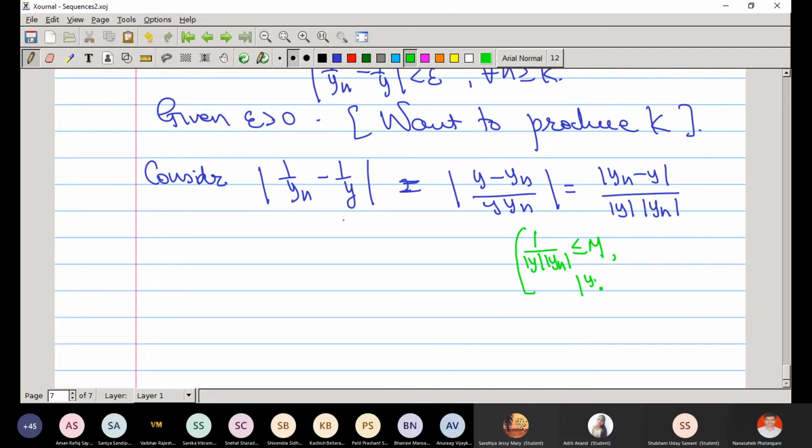The quantity |yn minus y| upon this would be less than or equal to what? Correct? Yes, sir. Now, can I make this, m times the absolute value of yn minus y, less than epsilon?